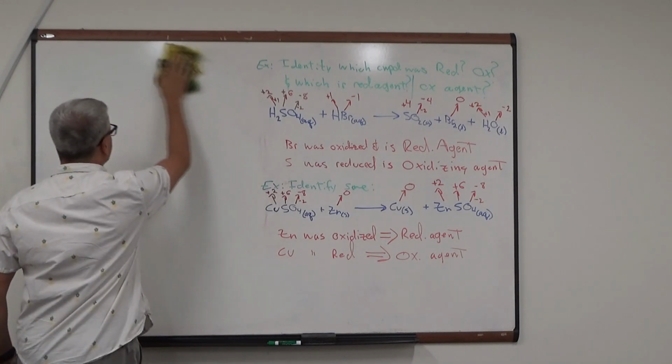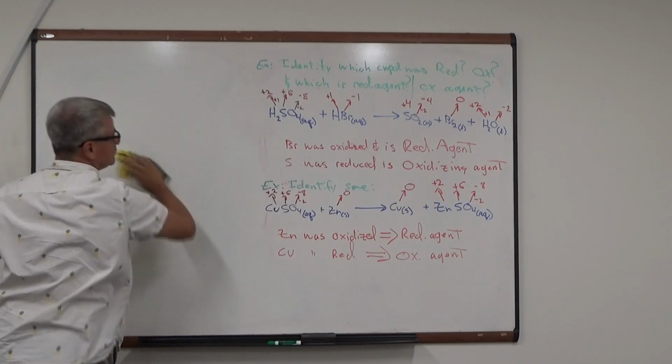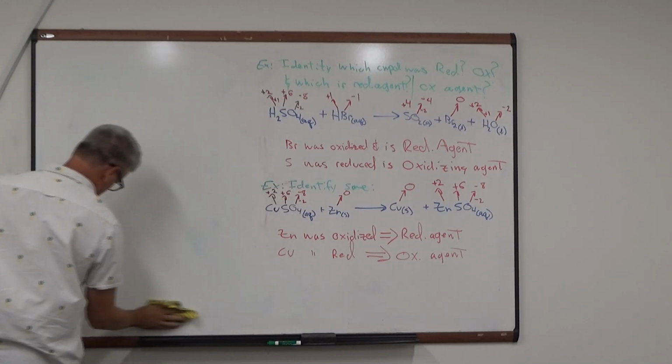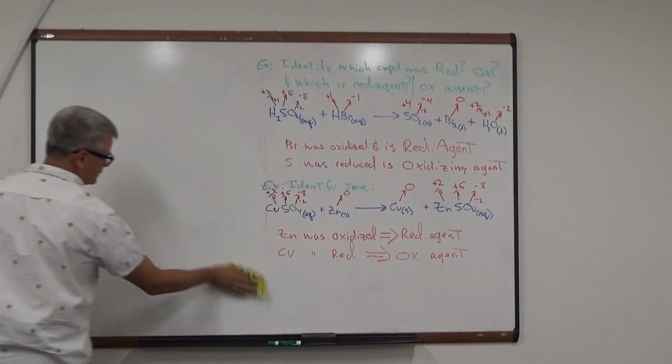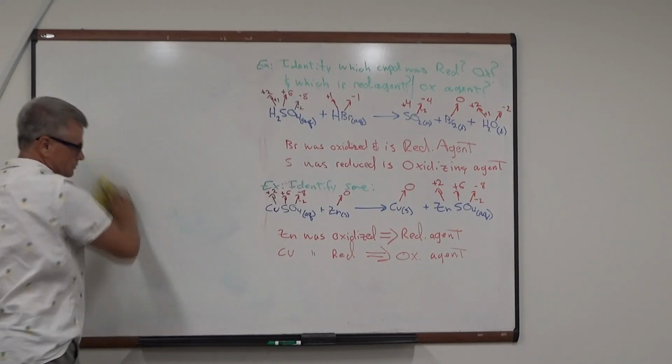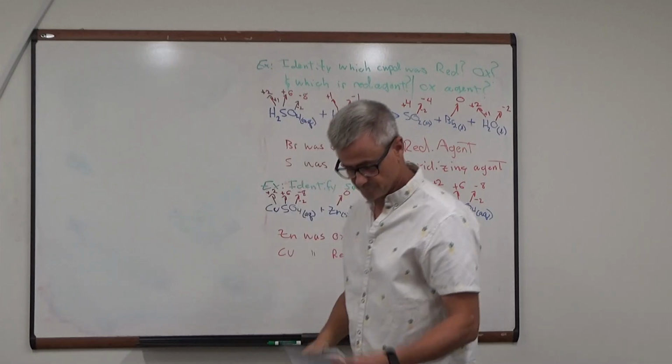You just have to be sort of careful along the way. But you want to be good on this stuff, on figuring out oxidation states and what was reduced and what was oxidized. So we'll do this last example here.